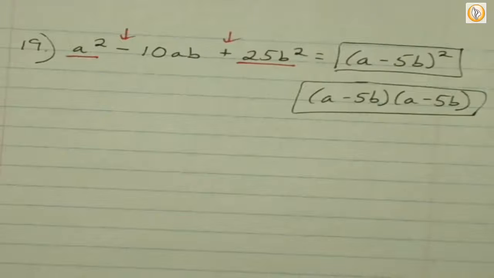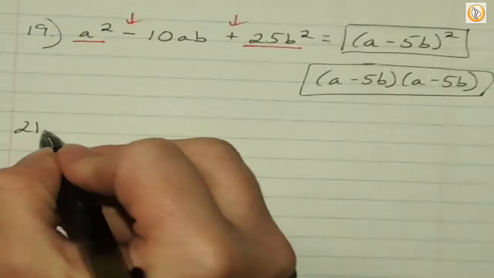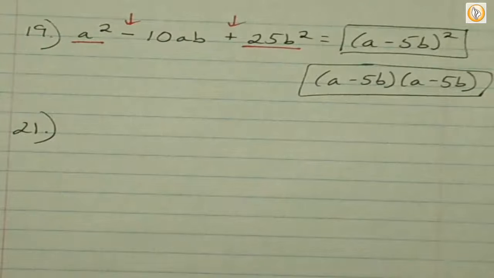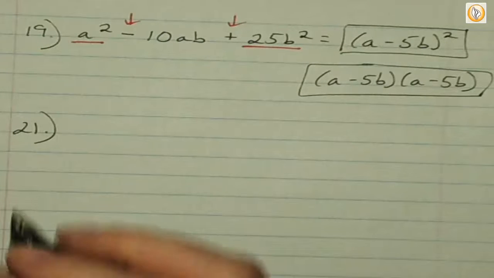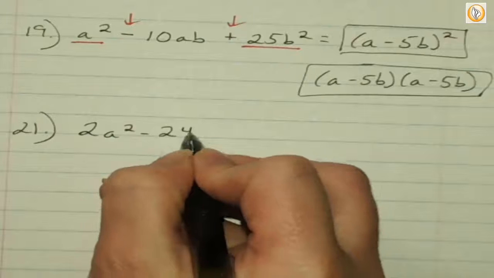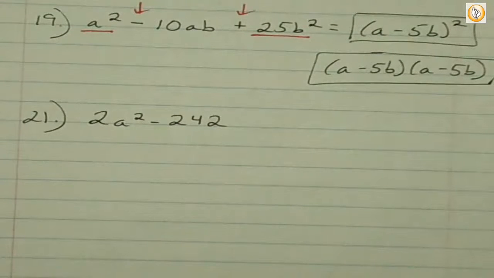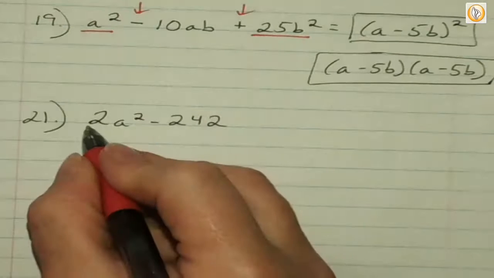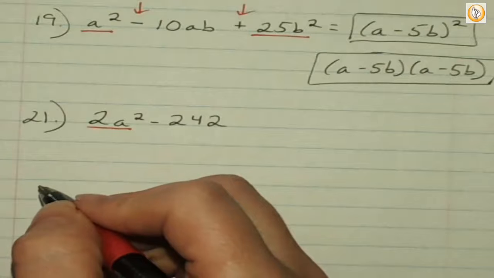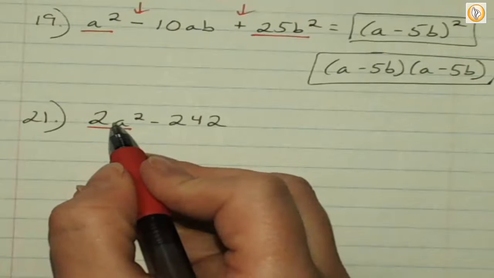None? All right, Taylor. 21. Oh, we're moving to another section. This time it's 2a squared minus 242. Is this a perfect square? No, this is not a perfect square.